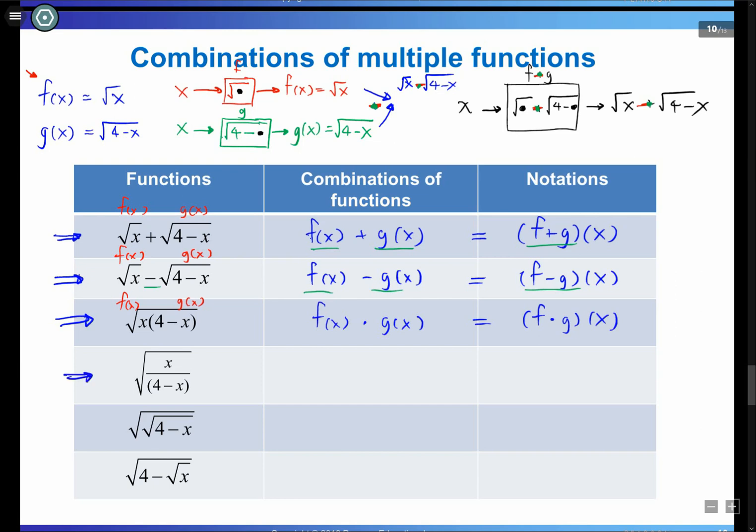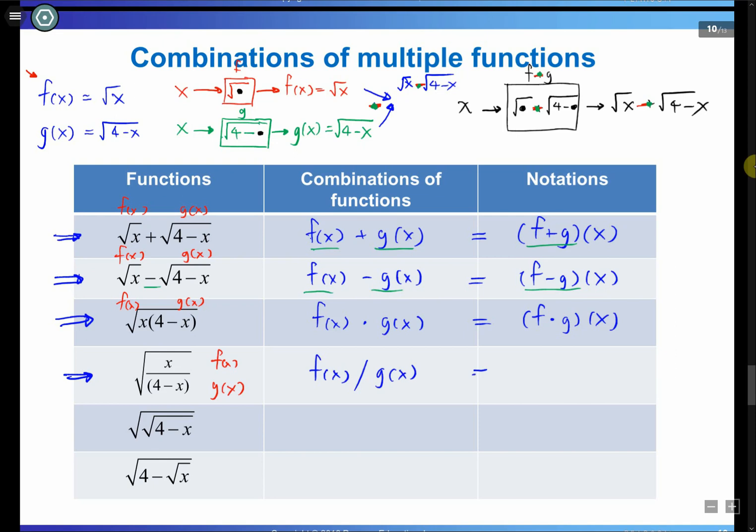So let's move on to this next one. As you expect, addition, subtraction, multiplication, and of course, we have division here. We have the numerator as square root of x, so up here we have f of x. And down here, the denominator, we have square root of 4 minus x. So this is g of x. So obviously this is f of x divided by g of x.